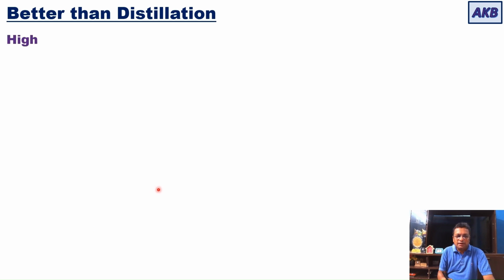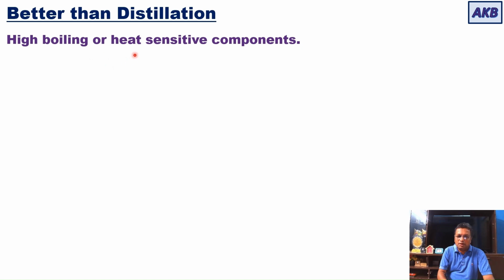Then another example, in the case of high boiling or heat sensitive components. So in the case of high boiling components and in the case of heat sensitive components, you'll find that liquid extraction is better than distillation. Let us understand how.